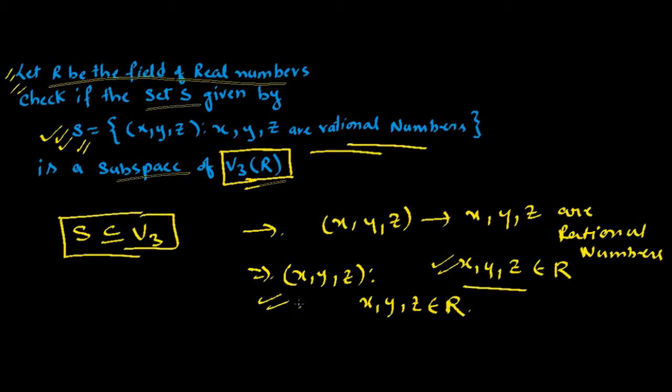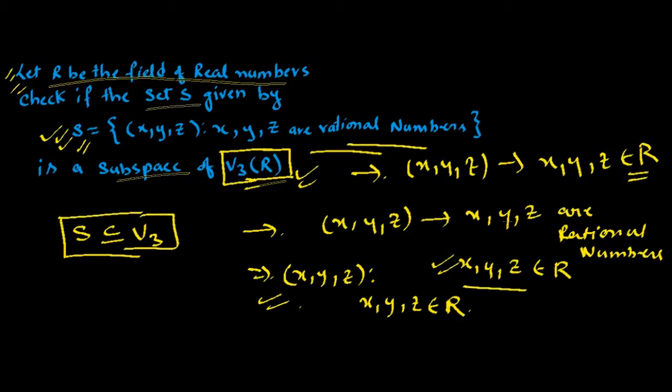But this is the general element of our vector space, the three-dimensional vector space. The general element will be (X, Y, Z), and since the field is R, the elements of this general vector will be from the field R. So it means that we have S as a subset of V3.